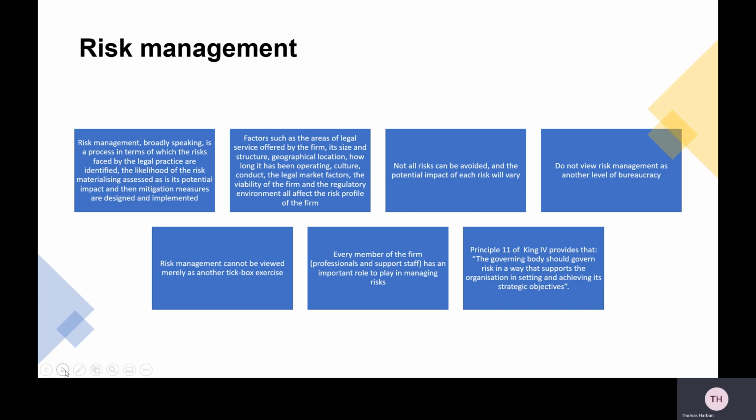Because you are running a business enterprise, it's important that you take cognizance of what good governance standards say.